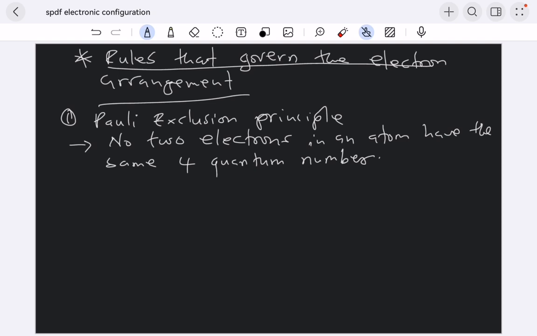Then the second rule is called Hund's rule.